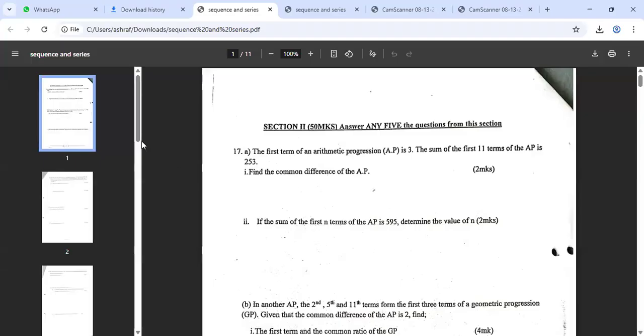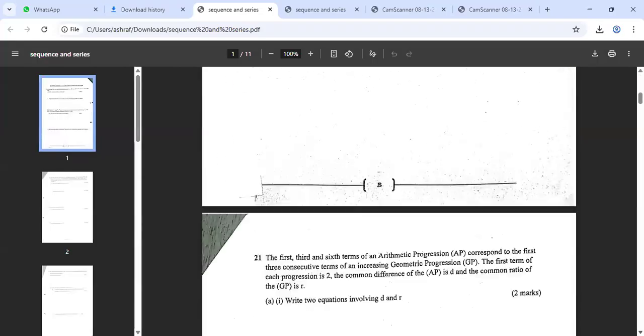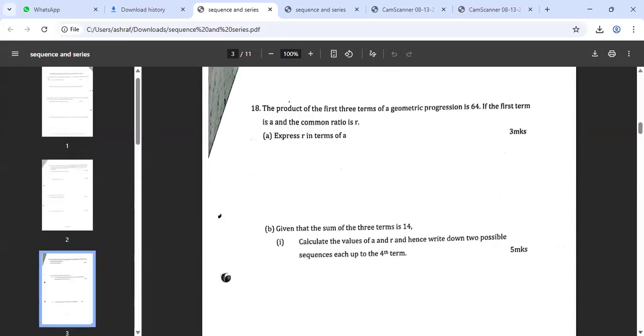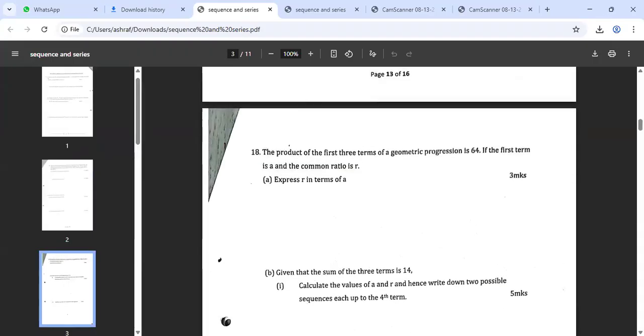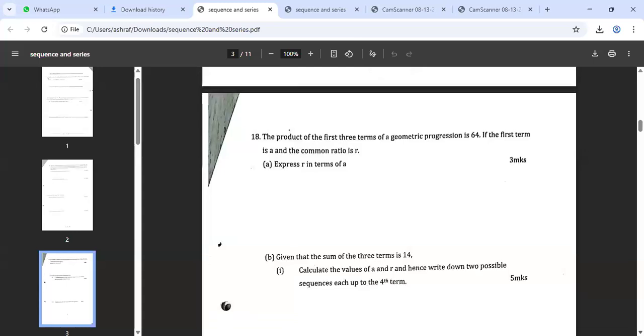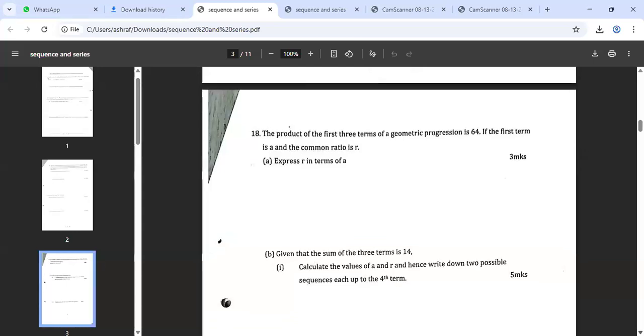Hope you can see the paper that you are going through. You are to start from question 18. If you tried and you have your answers, you can share. Anyone to share the answers? Is there anyone who tried?